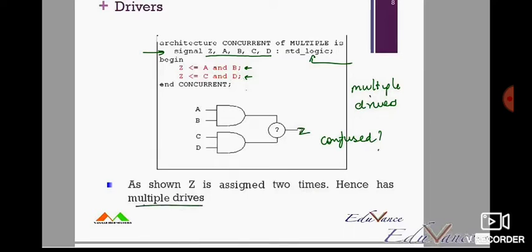Well, this is called a multiple drive problem, and this is again a wrong style of designing, because you have to decide how Z will get its value.